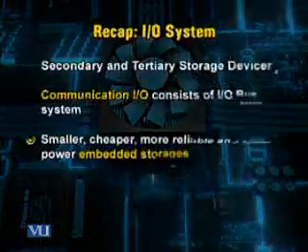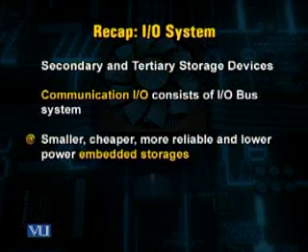We also noticed that the developments in the processing system affected the storage industry also, and it motivated the development of, number one, smaller, cheaper, more reliable and lower power storages, which are usually referred to as embedded storages.